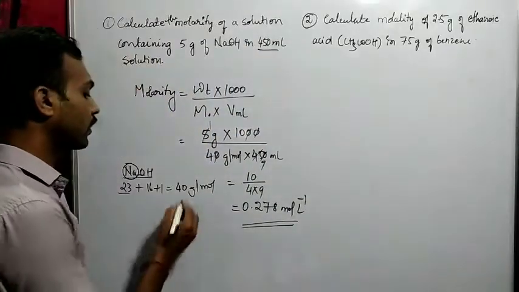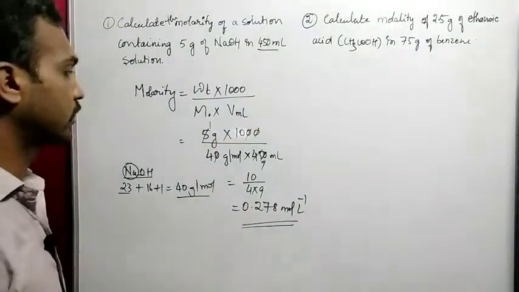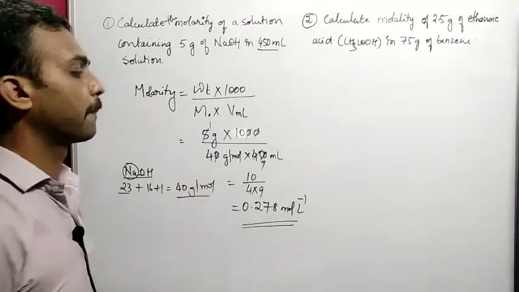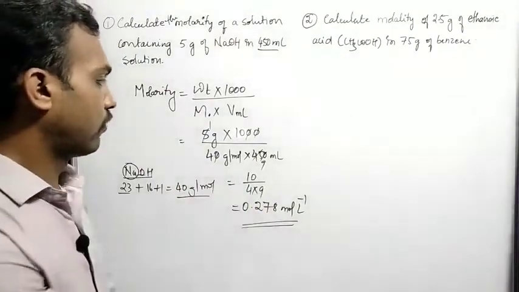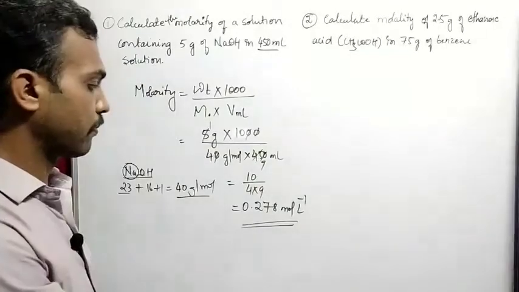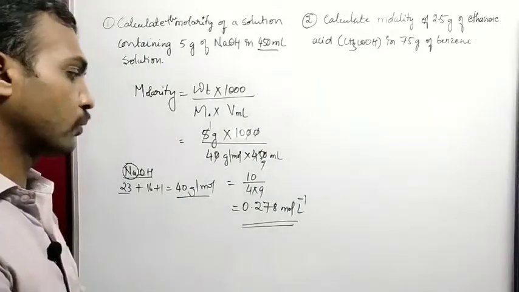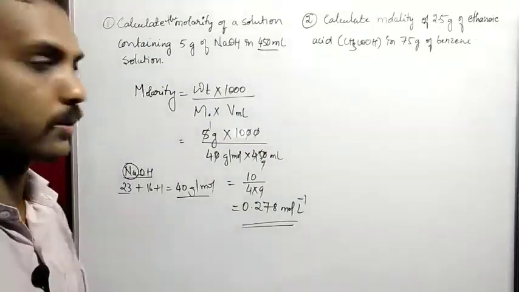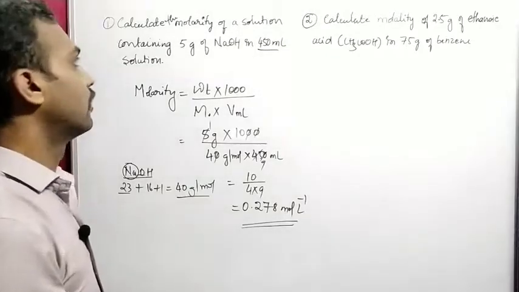At the end you get 40 gram per mole. Just substitute that value here, and 450 ml they have given. Simplify, and finally we get 0.278 mole per liter. That is the molarity of that particular solution.